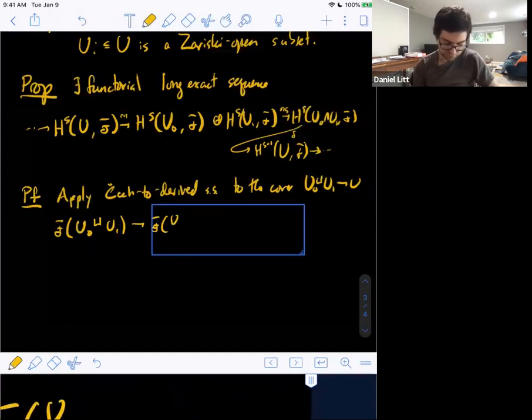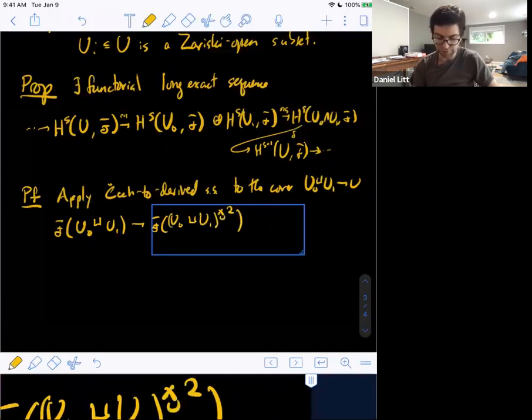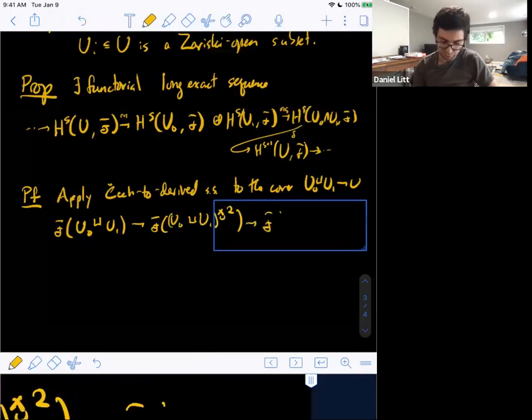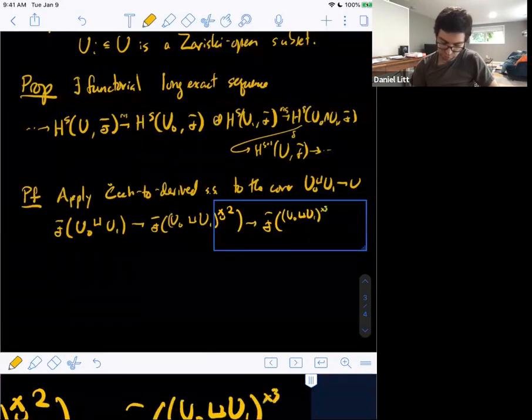Then the next term would be the double intersection of this thing over U. And then the next term would be the triple intersection, and so on and so forth.